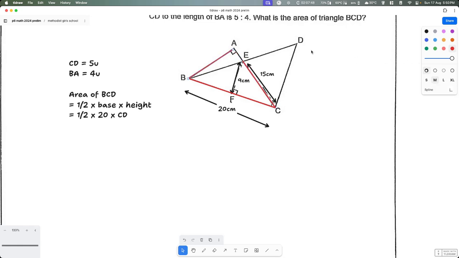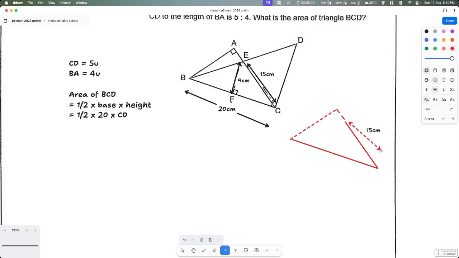And if I were to make this into a dotted line, this whole thing is 15 centimeter. And then we know that this is a right angle triangle as well. Let me just put it like this. That's what you see over here.